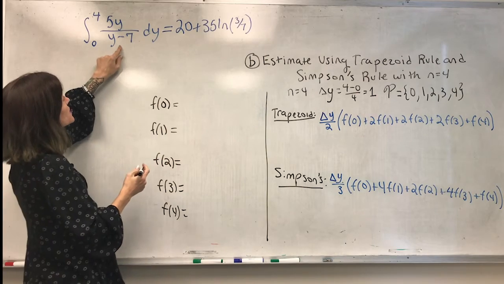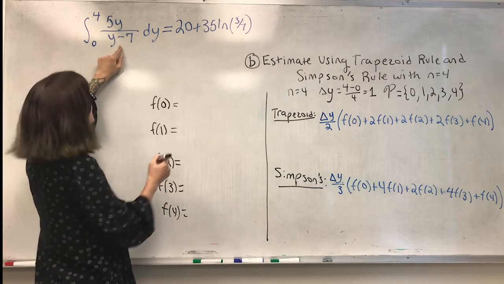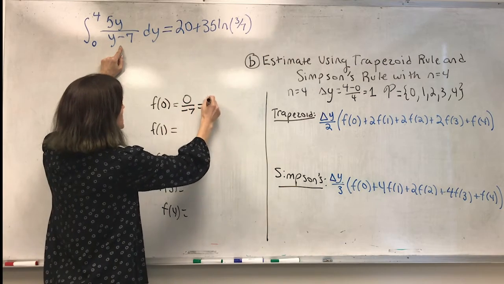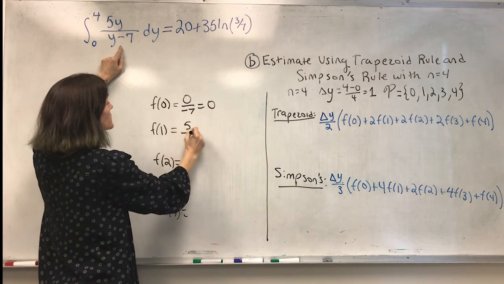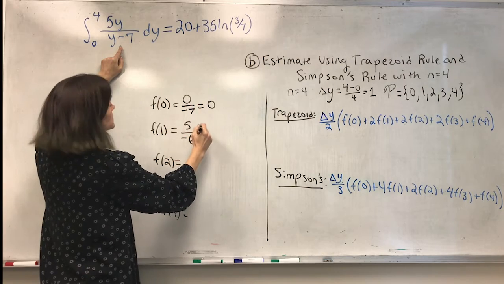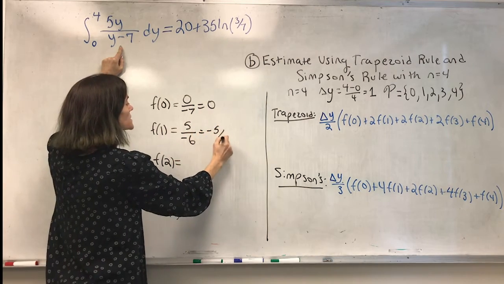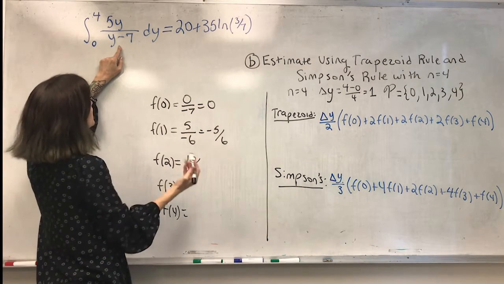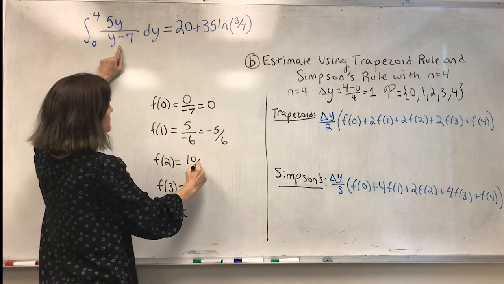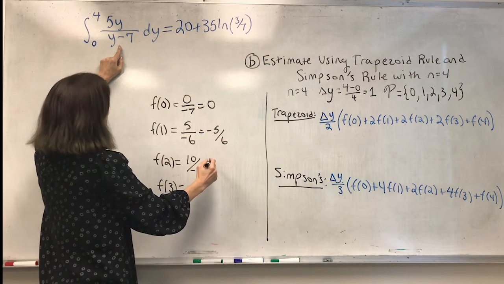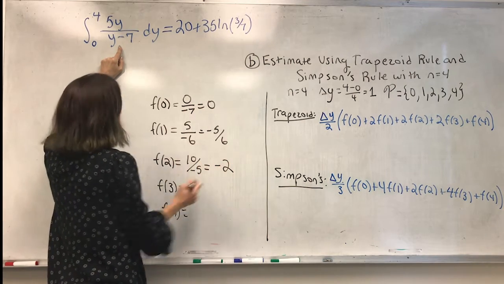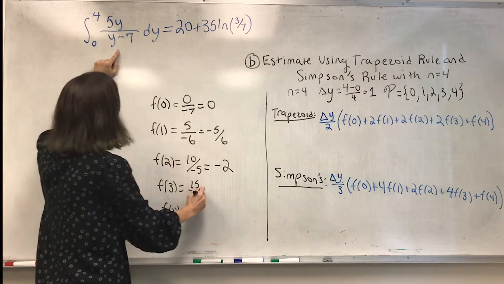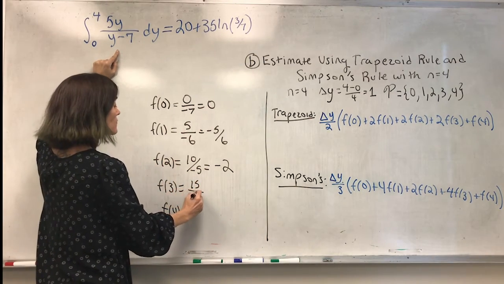Well, here's my function. f of 0 is 0 divided by -7, which is 0. f of 1 is 5 over -6, or -5 over 6. f of 2 is 10 over 2 minus 7, which is 10 over -5, which gives me -2. f of 3, we have 15 over -4.